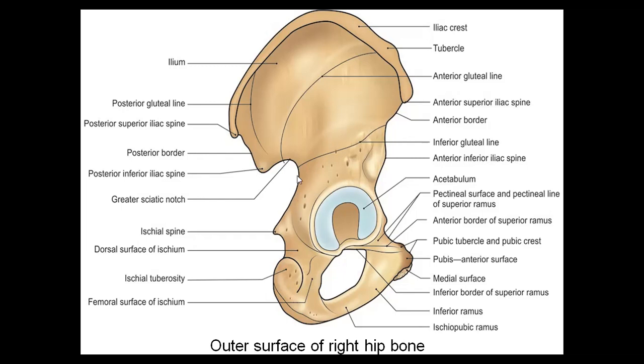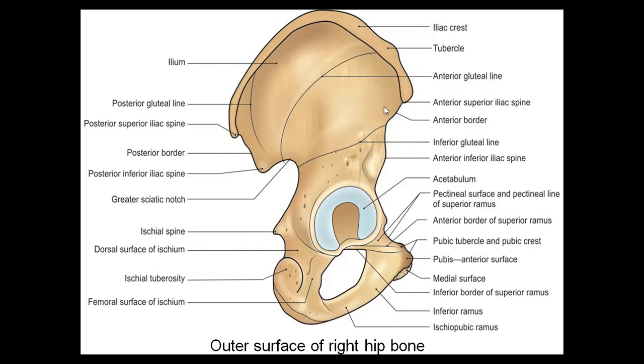It is so named because it gives outlet to the thickest nerve of our body, the sciatic nerve. As we proceed downwards, we find a pointed projection at the lower extreme end of this greater sciatic notch, which is called the ischial spine.